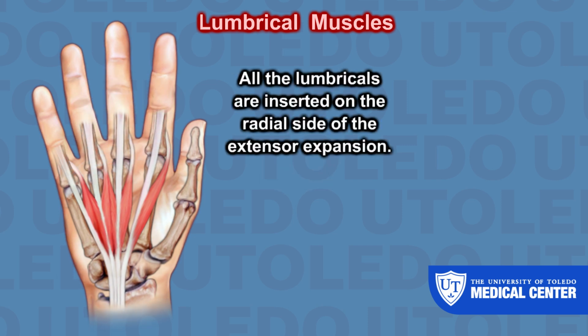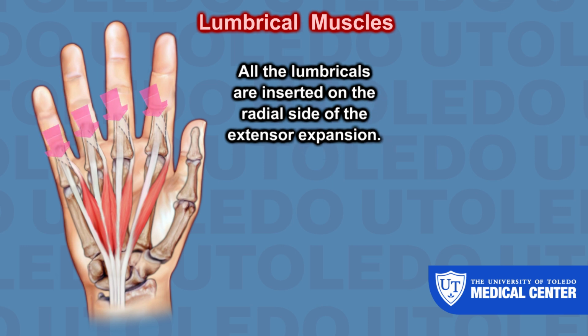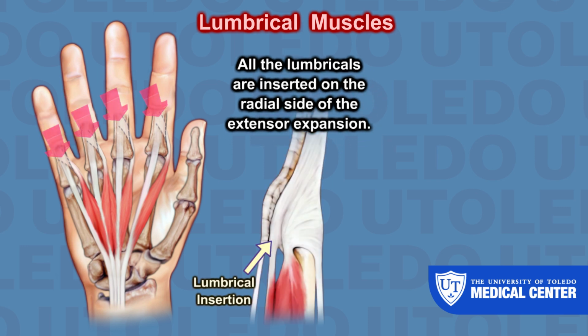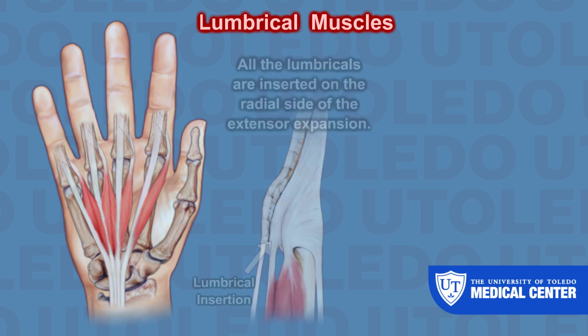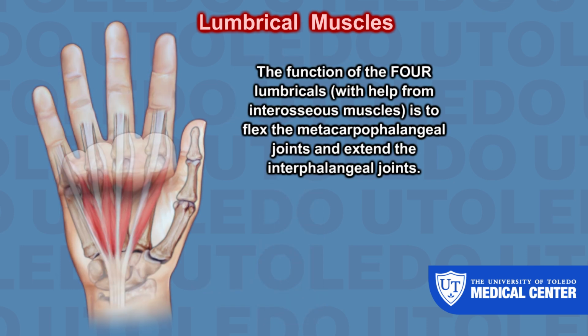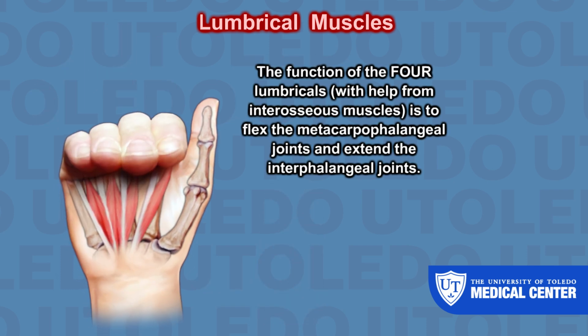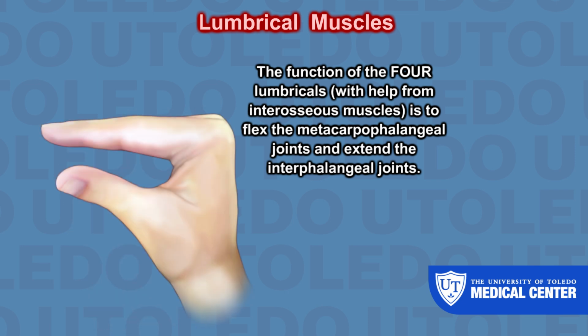All the lumbricals are inserted on the radial side of the extensor expansion. The function of the 4 lumbricals is to flex the metacarpophalangeal joints and extend the interphalangeal joints.